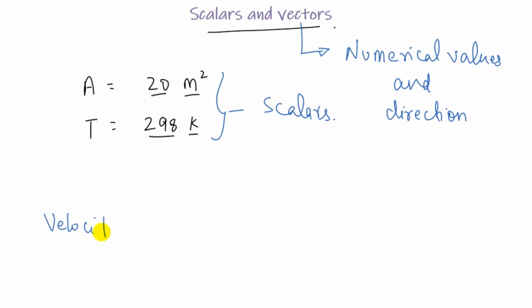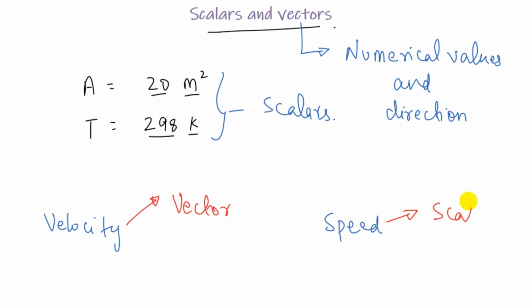Velocity is a vector quantity, and if you take speed, speed is a scalar quantity because speed doesn't require direction, and velocity means direction plus the magnitude.